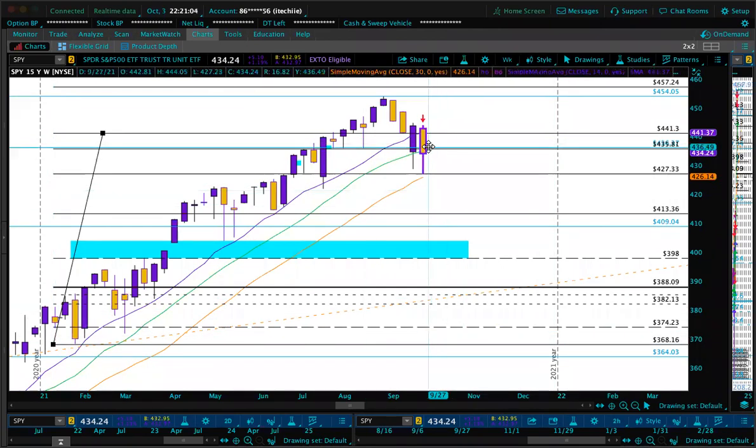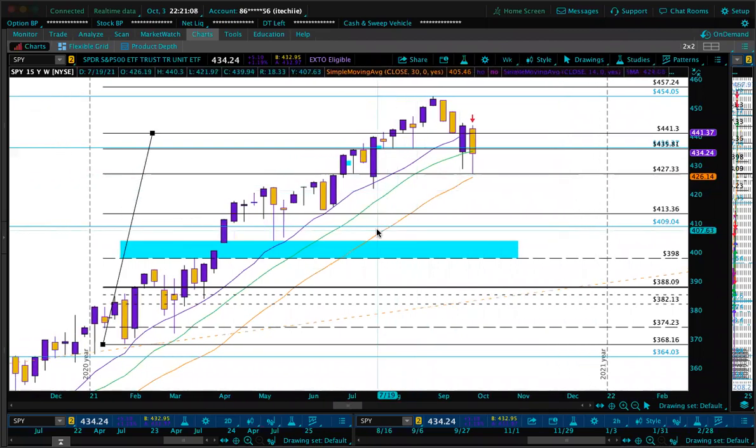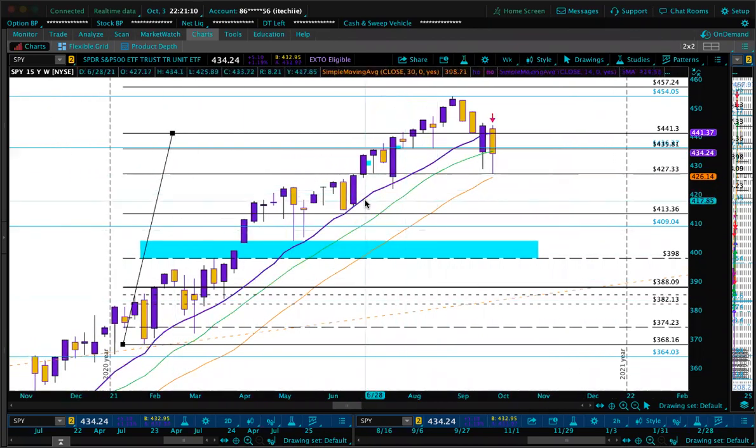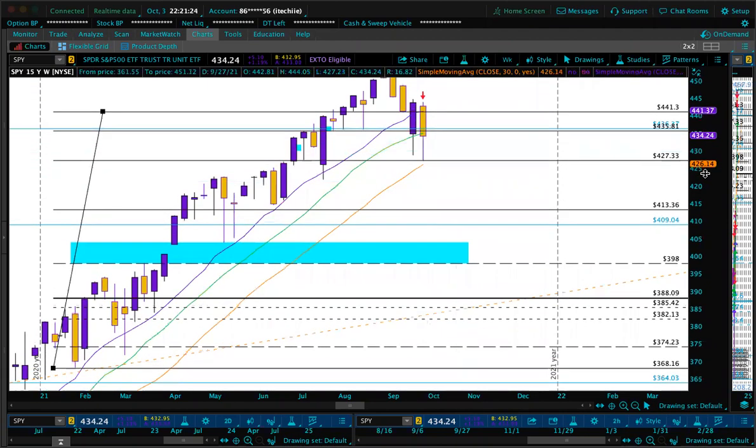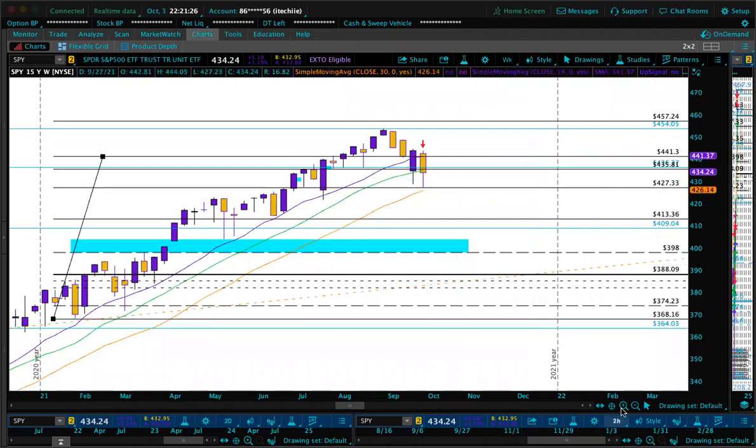So we got our first down signal on the weekly chart. If you look back, we haven't had any. We closed below the 14, and then now we close below the 20. Next up, 30. Opening below 435.81, again, this is not an inverted chart.